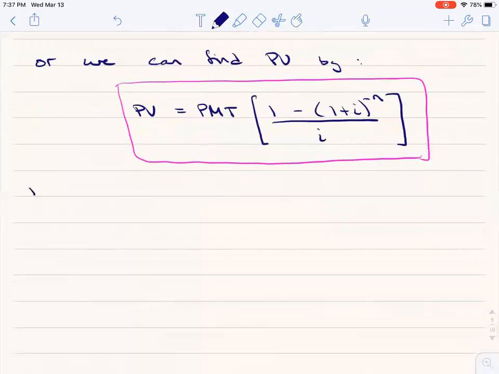Like I said, depending on if we need to find the future value or the present value, that's going to determine which formula to use.